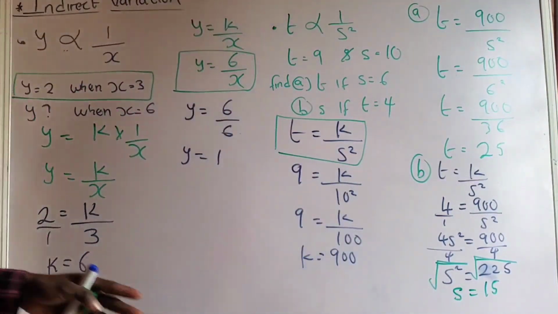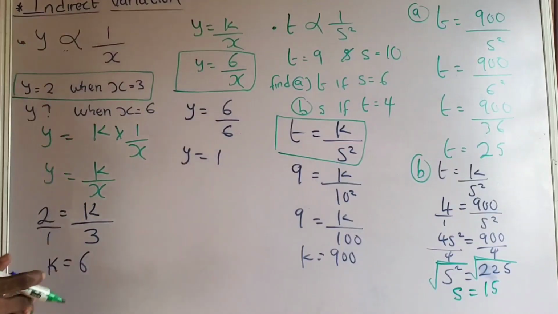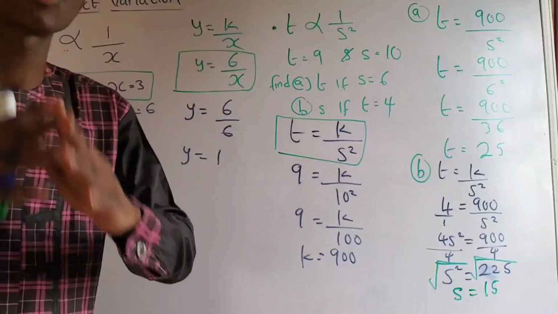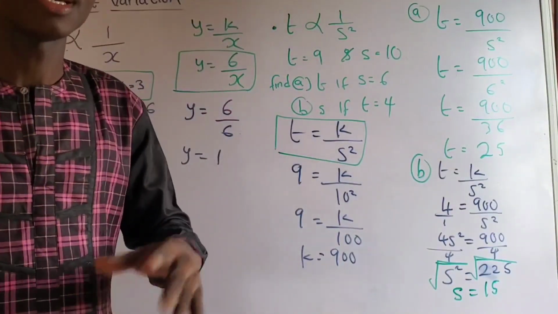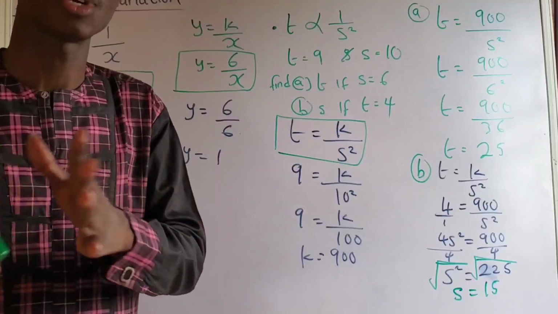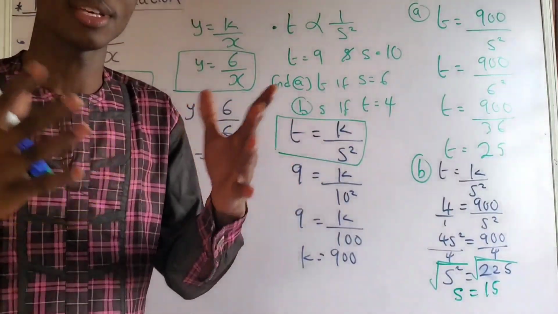Now these are the basic important things that you have to know about indirect variation or inverse variation. The first thing is that when we talk about inverse variation, it is the relationship that exists between quantities in which, when one quantity increases, the other quantity decreases. A typical example of this kind of relationship is the law of demand.